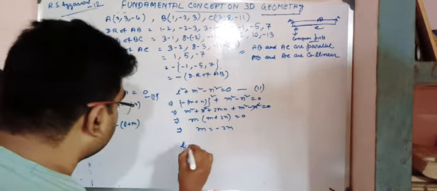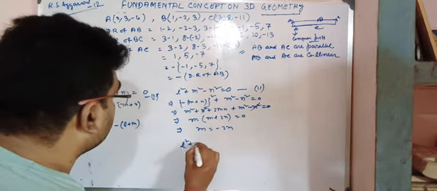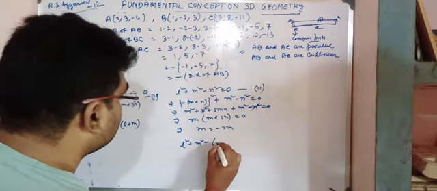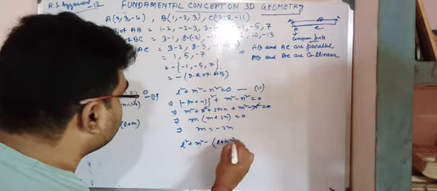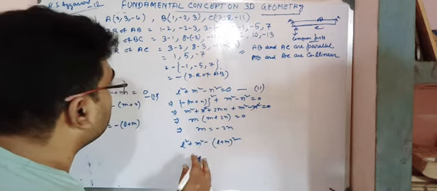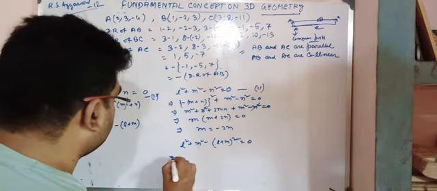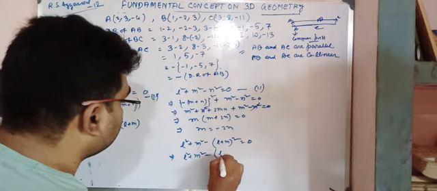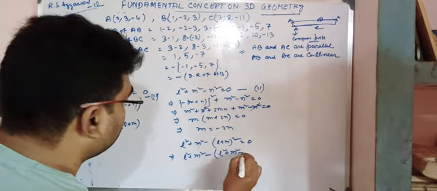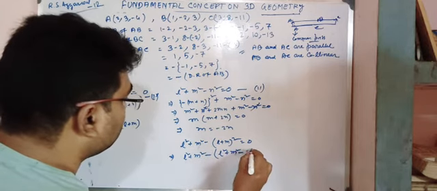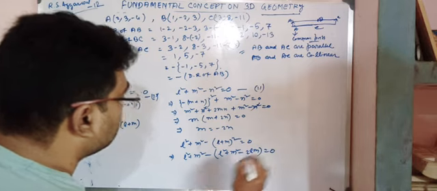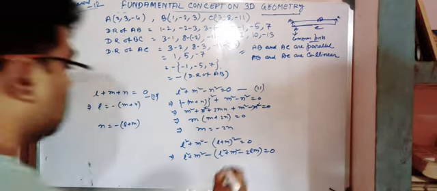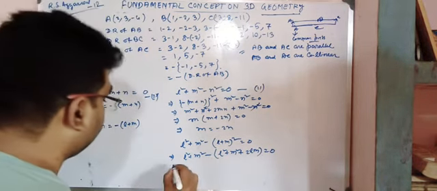So l² + m² - (l + m)² = 0. That implies l² + m² - l² - m² - 2lm = 0.